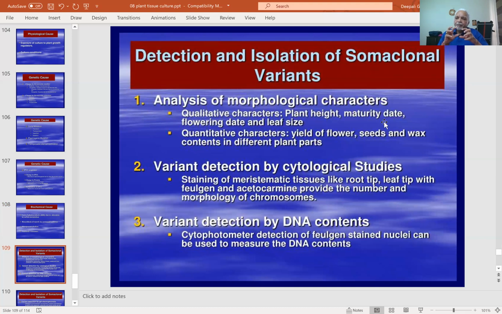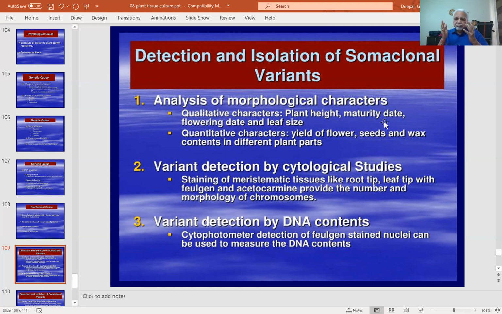I'm referring to when you have a plant regenerated through callus, protoplast, or single cell, and then some kind of variation is seen, which can be caused by physiological, genetic, or biochemical ways. The next question is how you detect them.